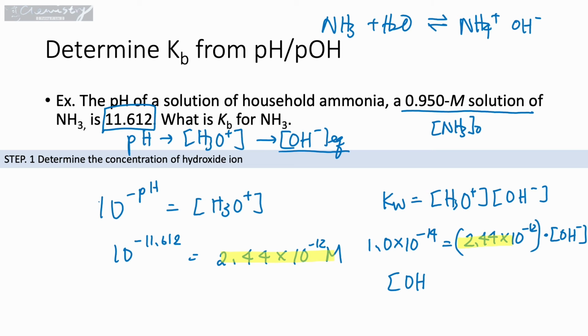The 1.0 times 10 to the negative 14 is a constant, the water dissociation constant. And so we can find the concentration of the hydroxide ion to be 0.00410. So that is the equilibrium concentration of the hydroxide ion, and we can use this to complete our ICE table.